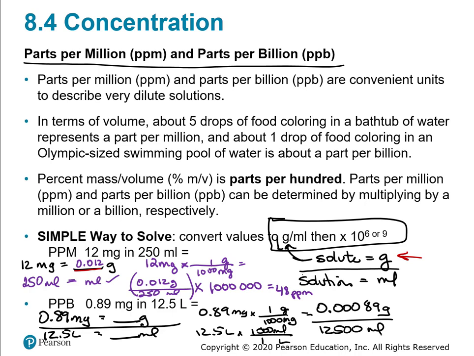So that ends up being 12,500 milliliters. So I'm going to do this. There's the grams per mil. And then I'm just going to take this answer and multiply it times a billion, which is a 1 with 9 zeros.